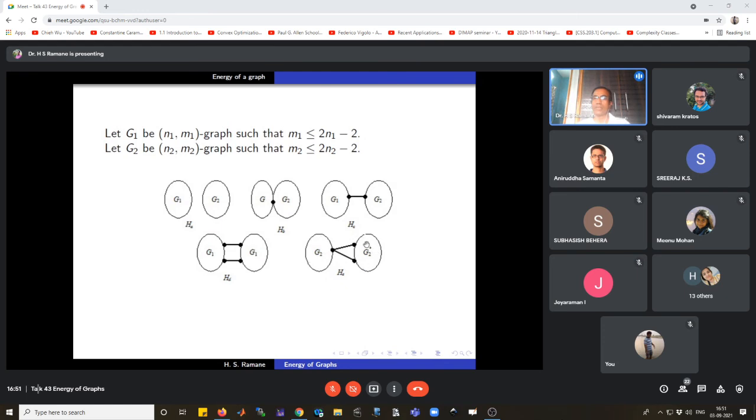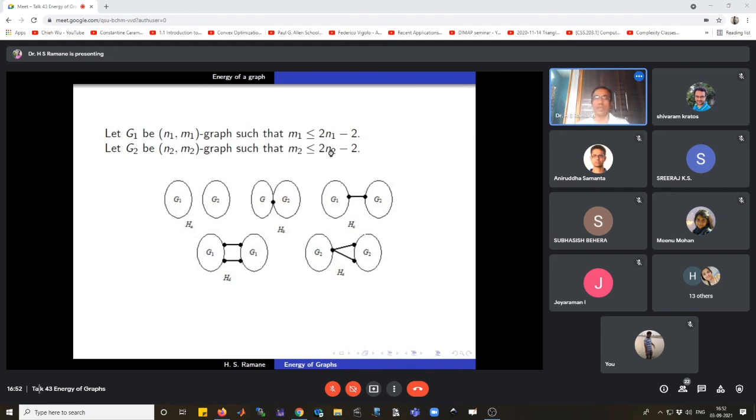Then this graph is also non-hyperenergetic, because originally they are non-hyperenergetic, since m1 is less than 2n1 minus 2 and m2 is less than 2n2 minus 2. With this construction, one can get more non-hyperenergetic graphs.